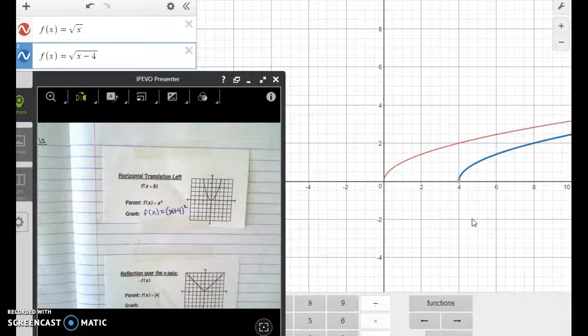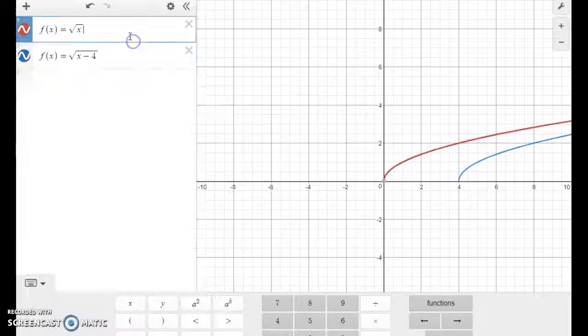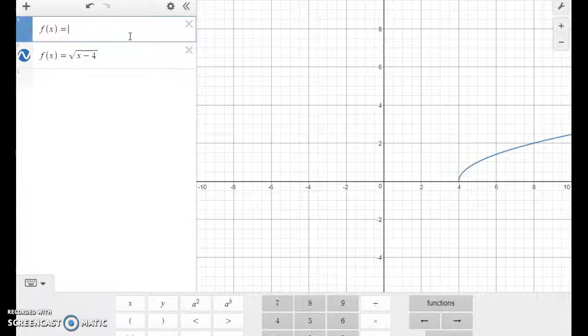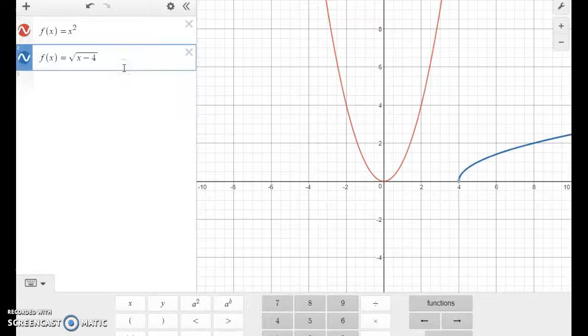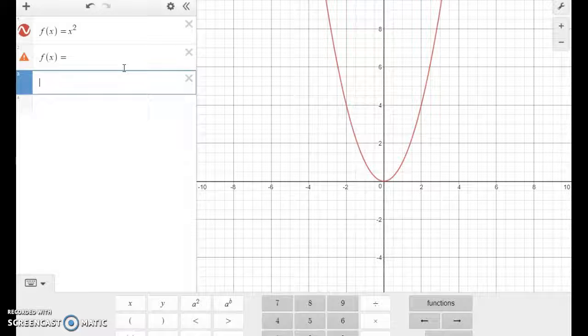So let's take a look at what that looks like. So on my graph, I'm going to do x squared again. And this time I'm going to do parentheses. Oop.